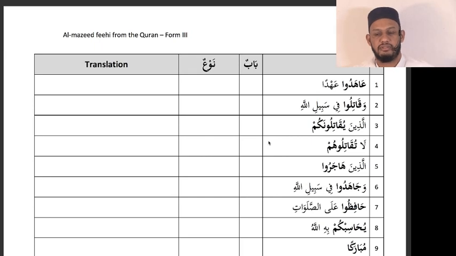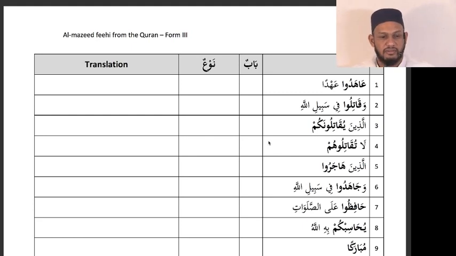Who must you fight? Number 3. Alladhina yuqatilunakum. Those who yuqatilunakum. Yuqatiluna is the what of the what bab? It's the third bab. It's the what of the third bab? Yuqatilunakum.